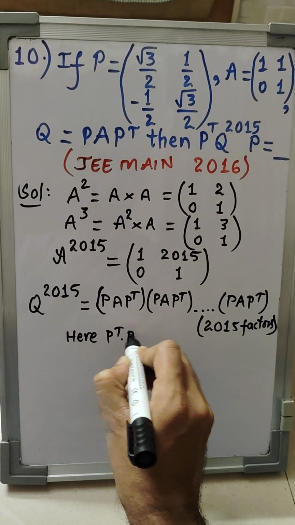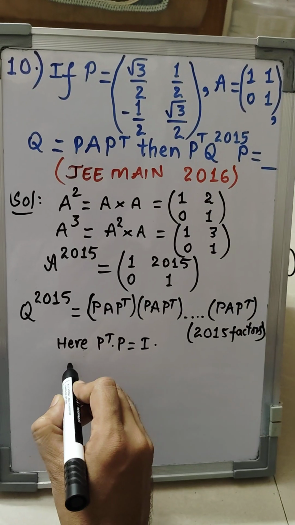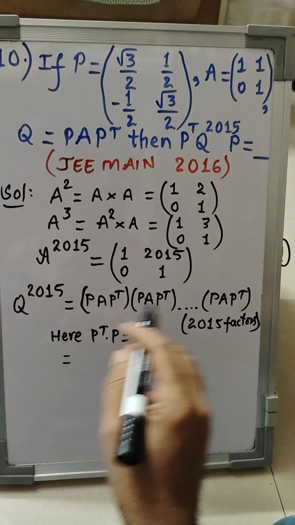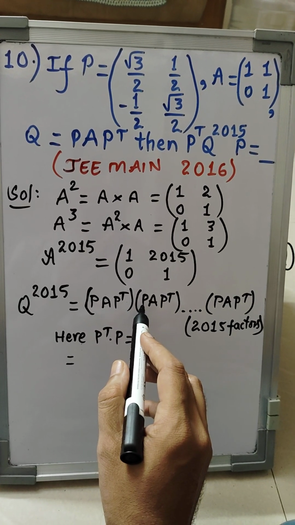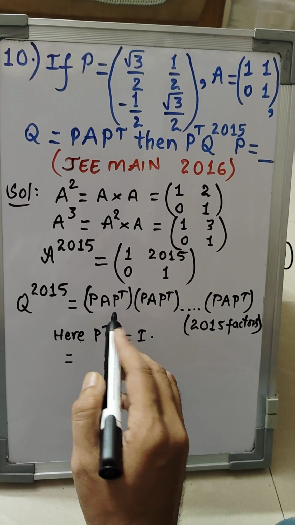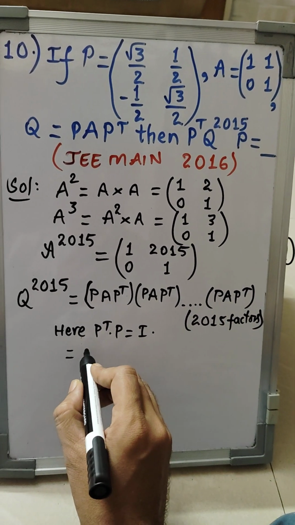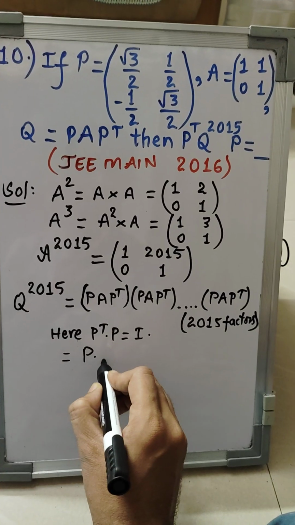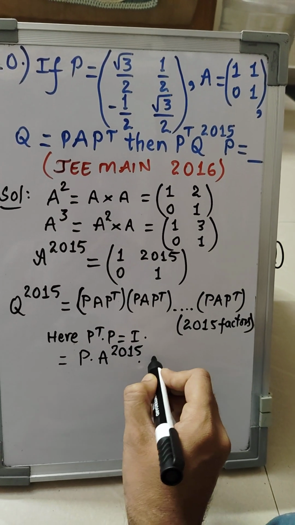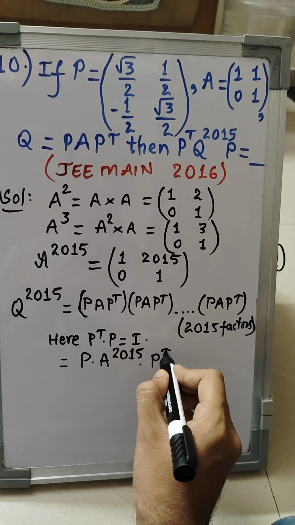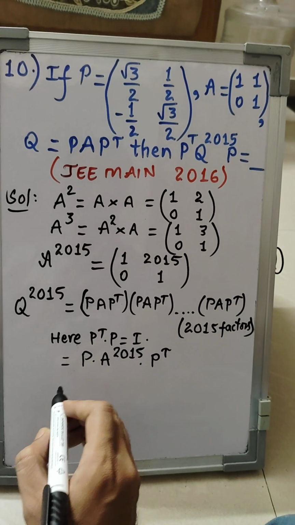So I can write this expression as P transpose into P, every time it becomes the identity matrix, so that the power of A gets increased up to 2015. The first factor will be P, the second factor will be A power 2015, and the third factor will be P transpose at last. On simplifying this expression, I can get it like this.